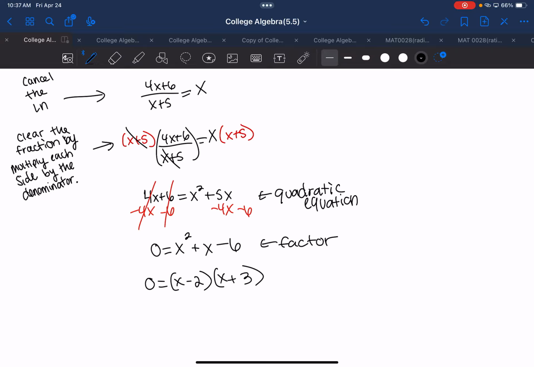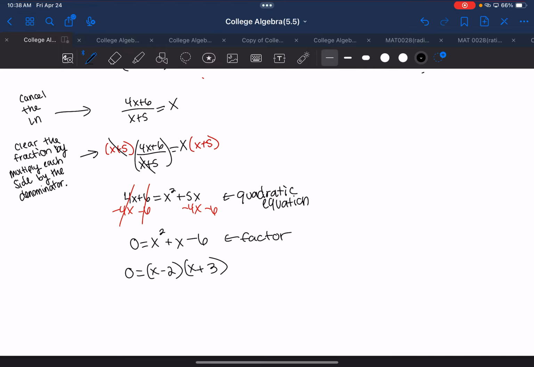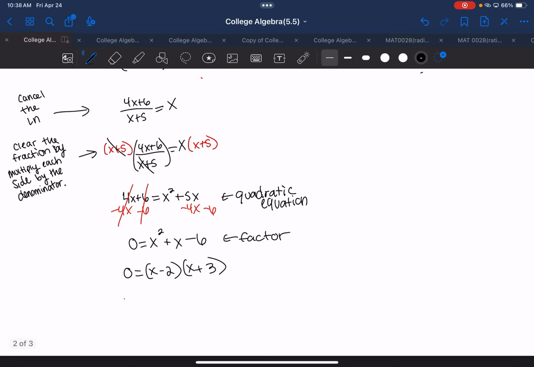Now that I have it in its factored form, I'll set each of these factors equal to 0. So x minus 2 is equal to 0, or x plus 3 is equal to 0. So I get that x is equal to 2, or x is equal to -3.